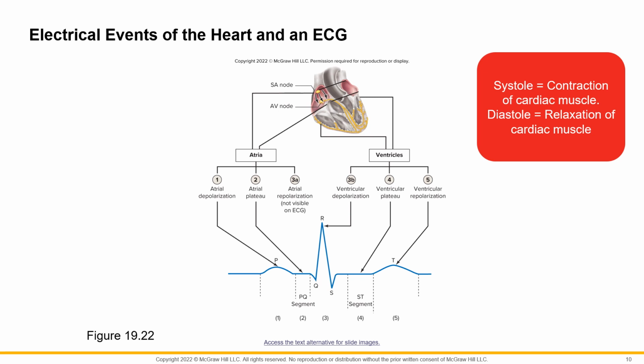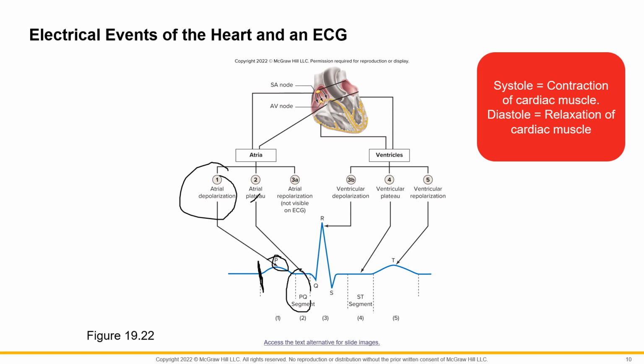So in chronological order, first you have atrial depolarization, which appears as your P wave. And the start of that atrial depolarization at this point right here is where your sinoatrial node, your SA node, is depolarized.